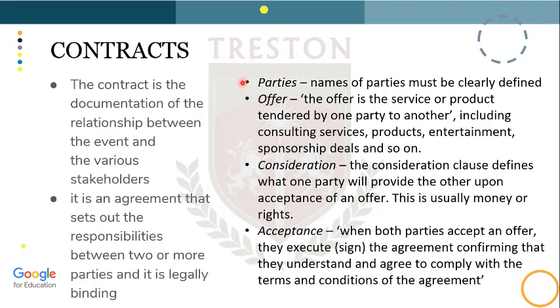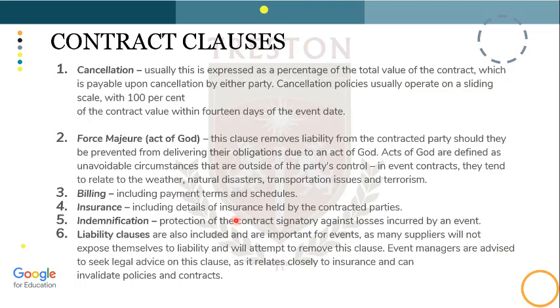You have the offer. You have what are the considerations for this contract. And then what are the terms of acceptance. The terms of acceptance, for example, is you should pay 50% now and then 50% after the event. That's one of the acceptance terms.